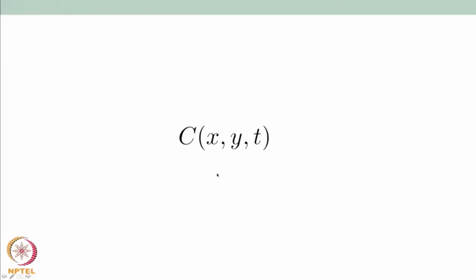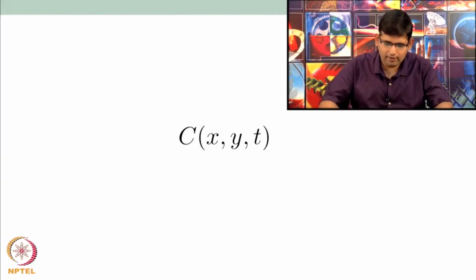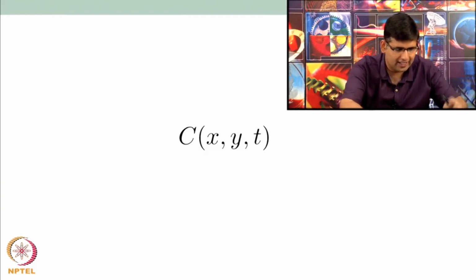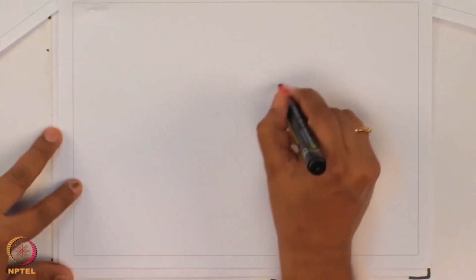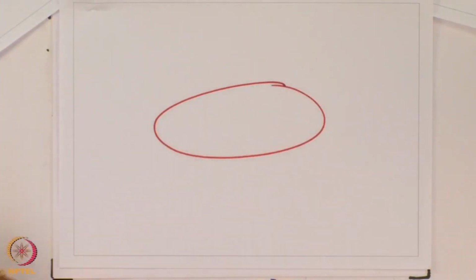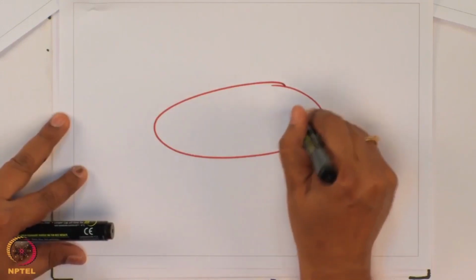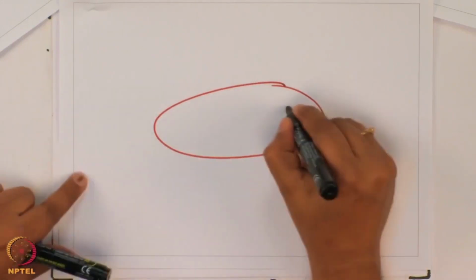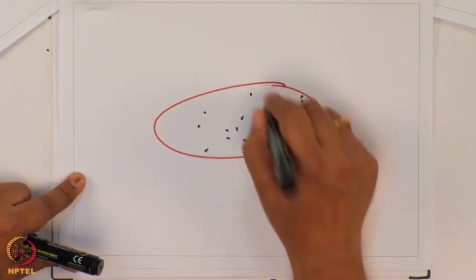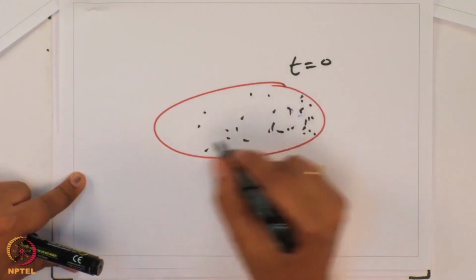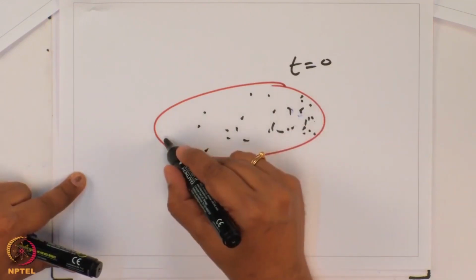Now I want you to also think about something like concentration, let us say, as a function of x, y and t. So you have something which is a function of x, y, but it is also changing with time. So you have a cell which is this in red, and you have some concentration of some proteins here, but this concentration at t equal to 0 is like this, that is high concentration here, low concentration here.